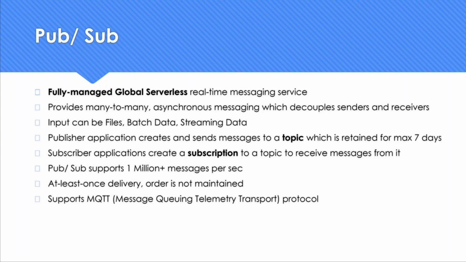If it does not need a global presence, then you can go with a zonal PubSub called PubSub Lite, where your cost is going to reduce a little. So if you have a website which has to have a global presence, this product could be really helpful.